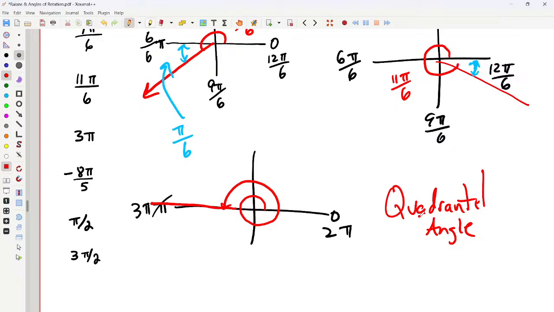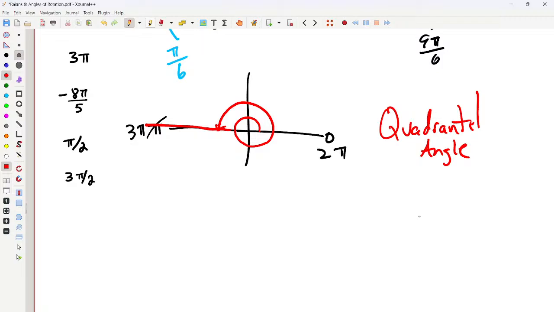And there's no reference angle, because a reference angle, for the last time, is always positive, bigger than 0 and strictly less than 90. 90 is not an acute angle. 90 is a right angle. So there's no reference angle and no quadrant. We would just say it ends on the negative x-axis. That's a good answer. That's a perfect answer.